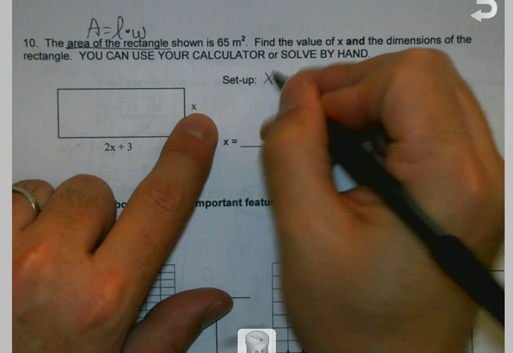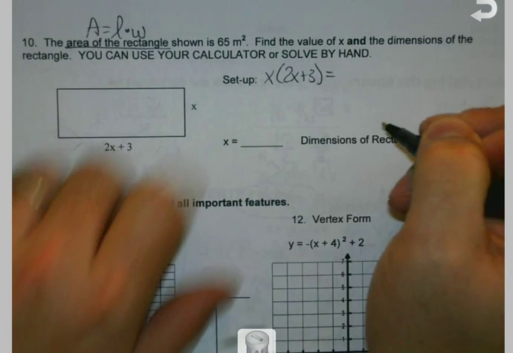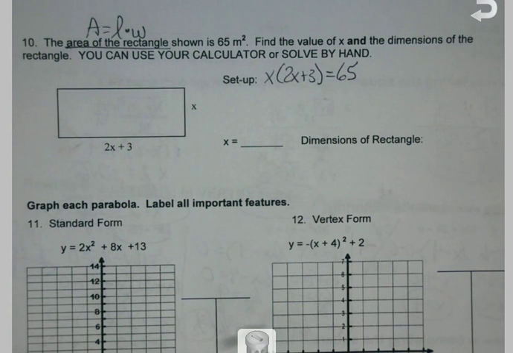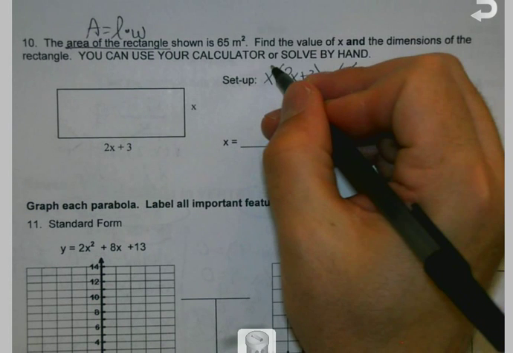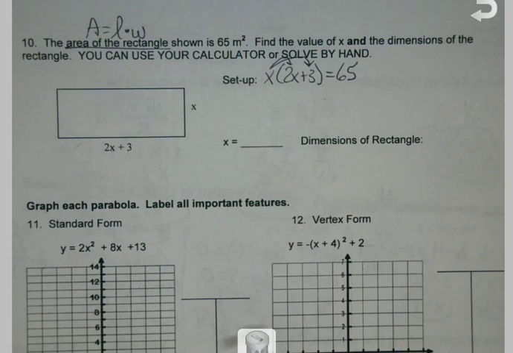So I've got length times width equals my area. So, when I get here, I've got to multiply my x through, distribute it through.